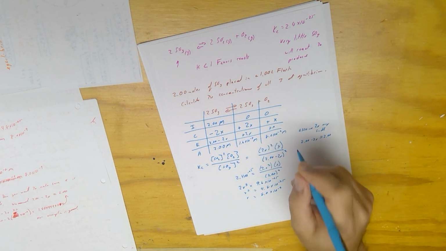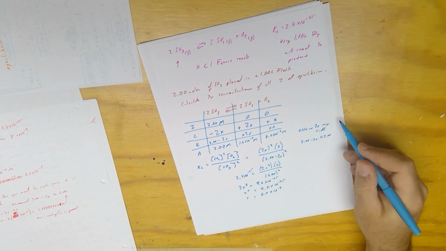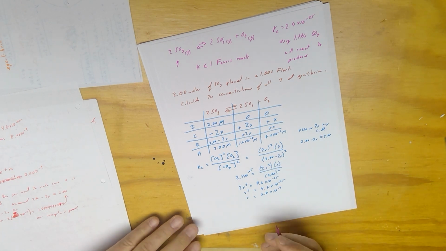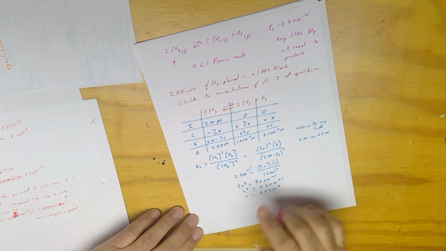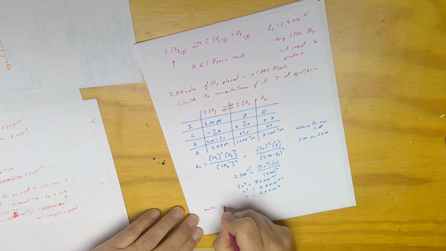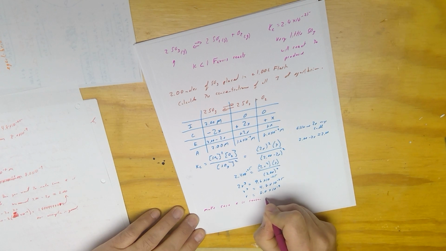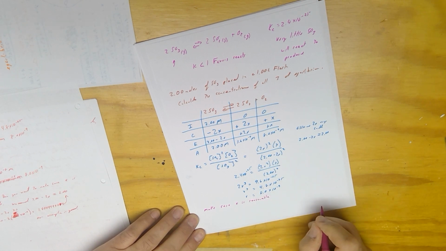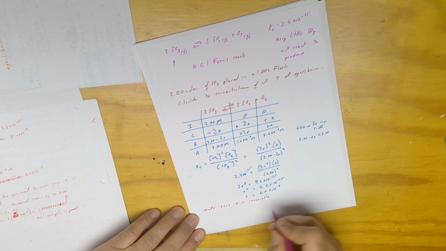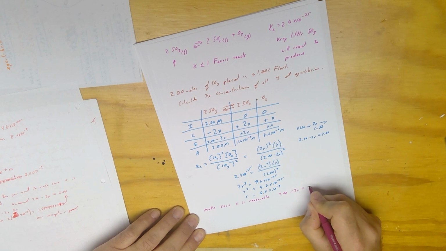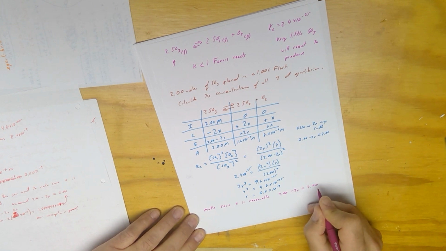Now, when we make an assumption like this, we want to make sure our assumption is correct, that x is reasonable. We assumed that 2.00 minus 2x was basically 2.00. Is that the case?